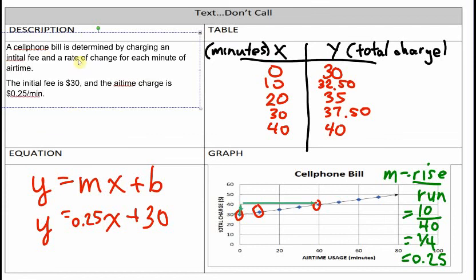The words also need to contain information about an initial fee if there is one, okay? I just realized I spelled airtime wrong, and some of you are going to criticize me for that, so there, okay. Oh, initial is also spelled wrong. Oh, yikes. There we go, initial.